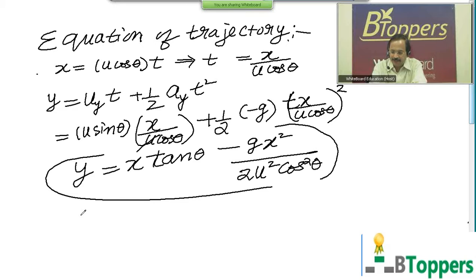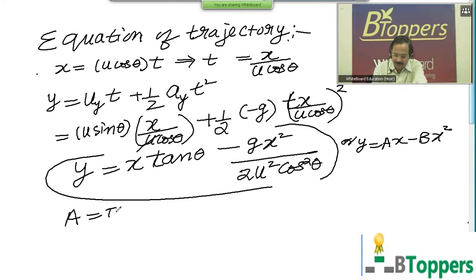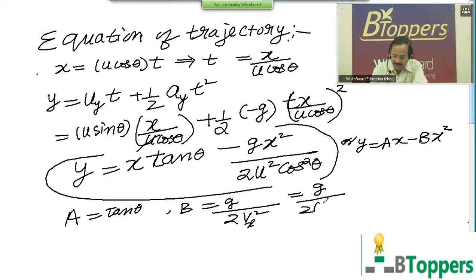This equation can be written in the form y equal to ax minus bx square, where a equal to tan theta here, and b equal to g by 2 v_x square, where v_x is the horizontal component of velocity, which is equal to u cos theta.